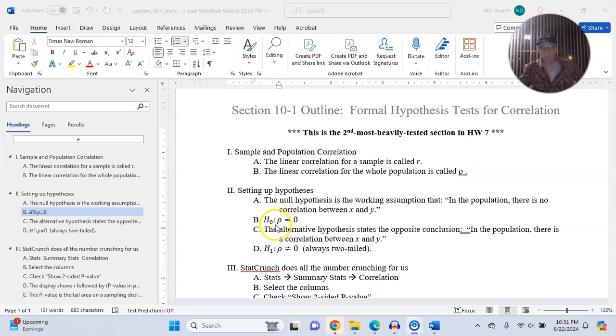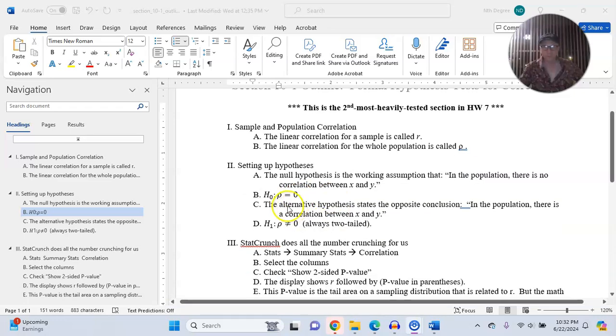So in using statistical symbology, we would write that this way. The null hypothesis states, H0 colon, that the population correlation is 0, rho equals 0. And again, null hypotheses pretty much always use an equal sign as well.